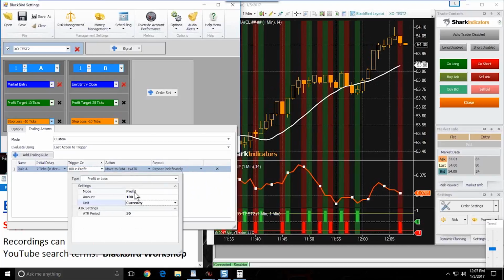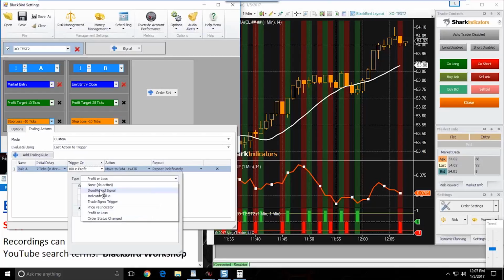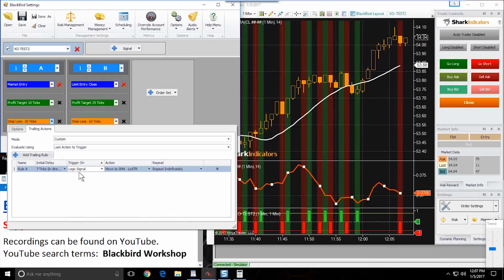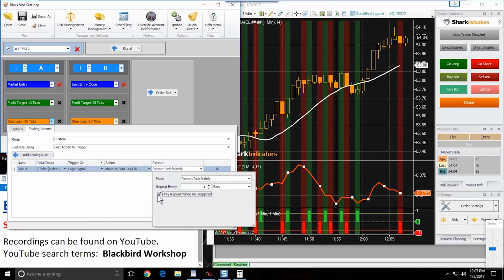Something a little more practical would be, let's say we're using a bloodhound signal. As soon as we get the first bloodhound signal, then this trailing rule can execute all the time, depending on how our reset is.